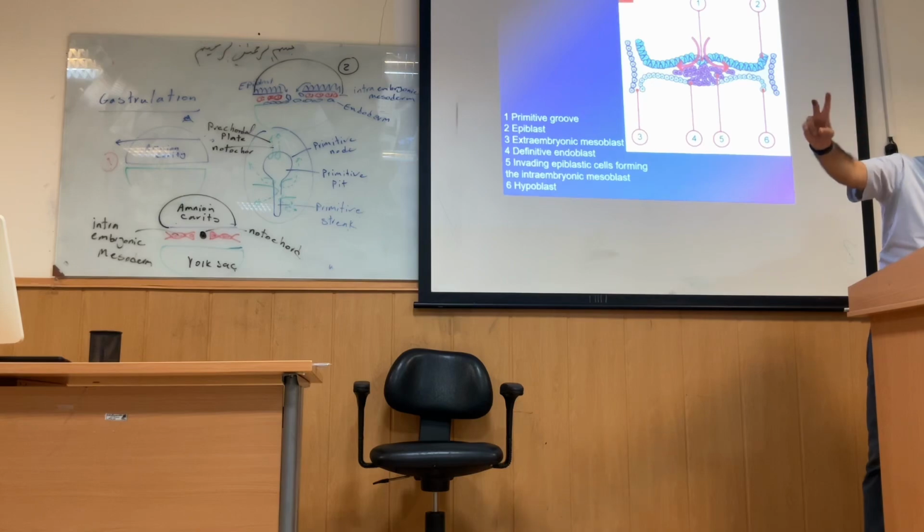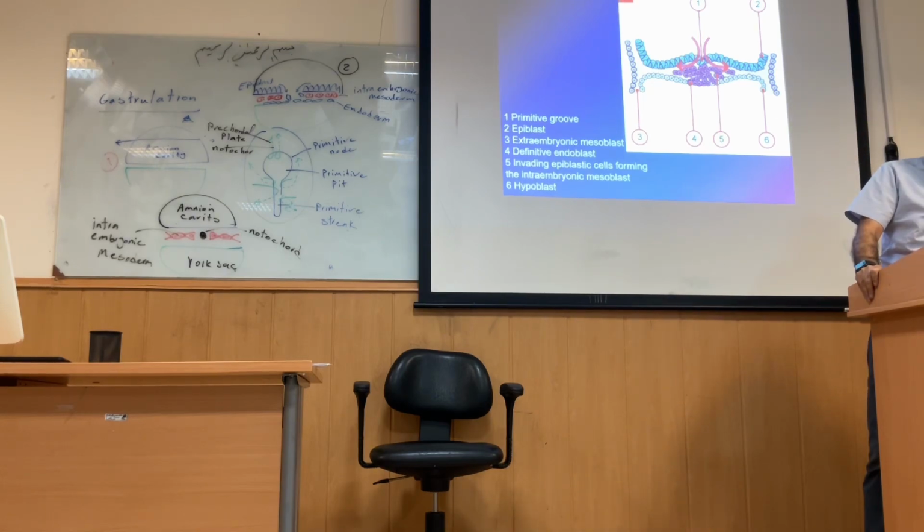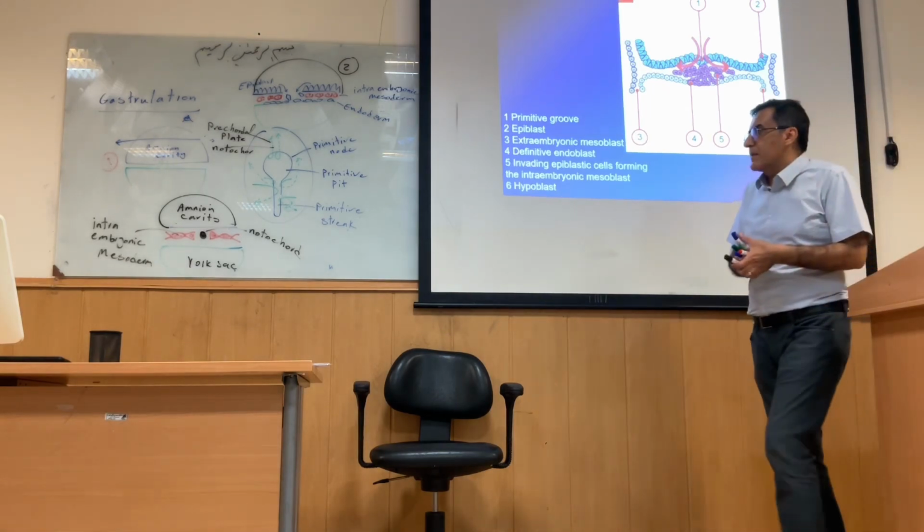We have two brains and two spinal cords. We say that the notochord is the organizing center, because the notochord organizes many systems, like the CNS and the vertebral column.